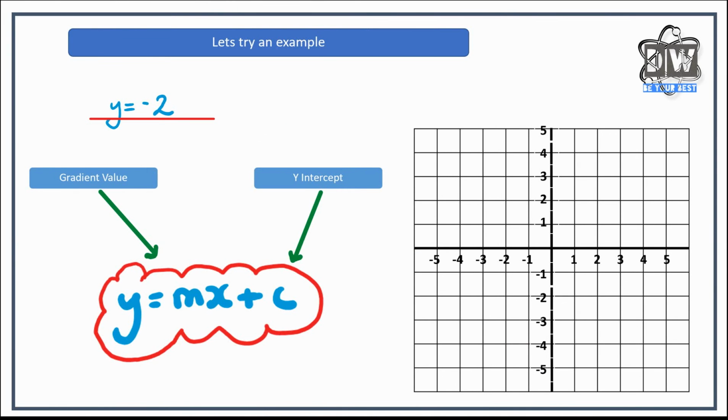My y value is always going to be minus 2. I can have any x value, minus 5, which would be along here, and minus 2, or I go right up to 5, minus 2. My y value will always be minus 2 no matter what my x value is.